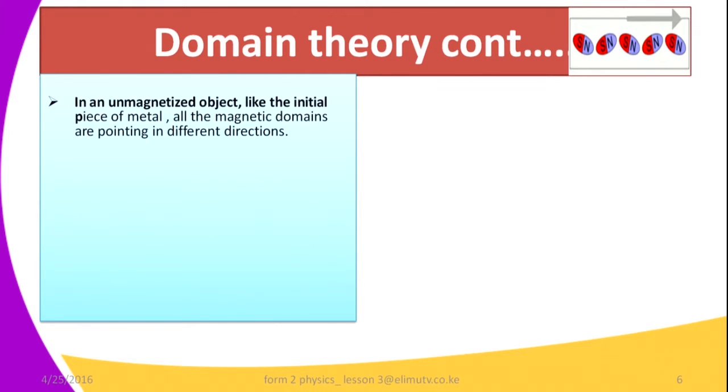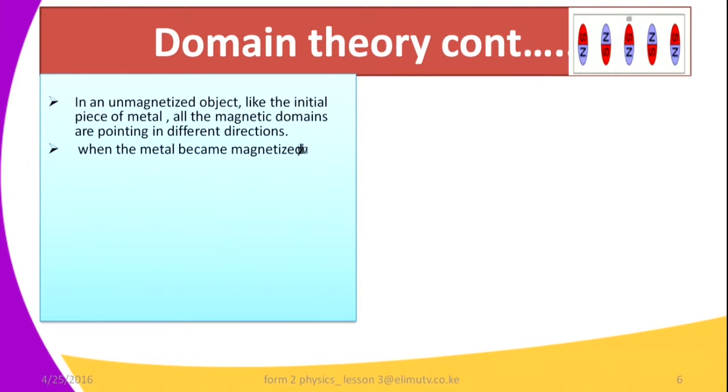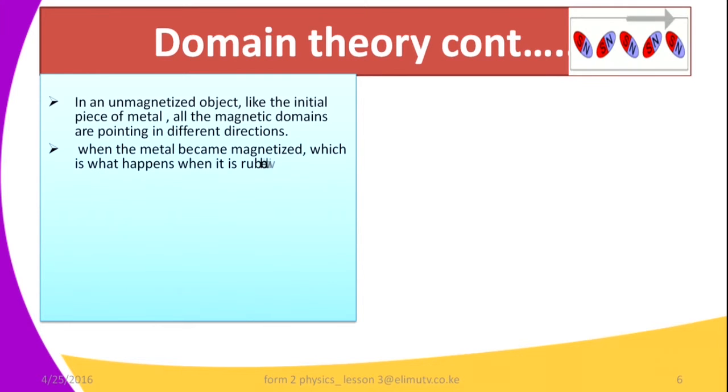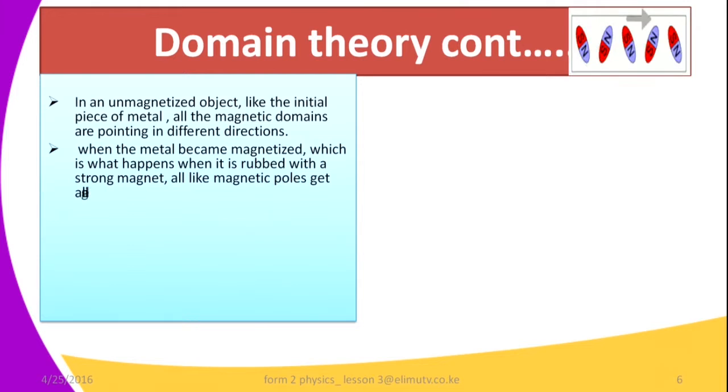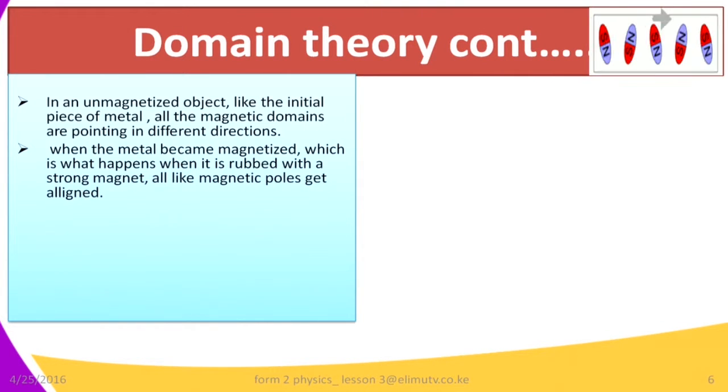Again, still on the magnetic domain, what we can also say is that in an unmagnetized object, like the initial piece of metal, all the magnetic domains are pointing in different directions. Any material that has not been magnetized, but is magnetic in nature, before it gets magnetized, has magnetic domains pointing in different directions.